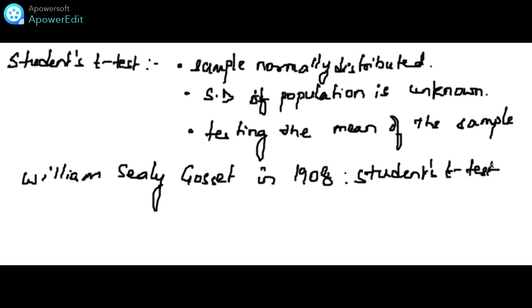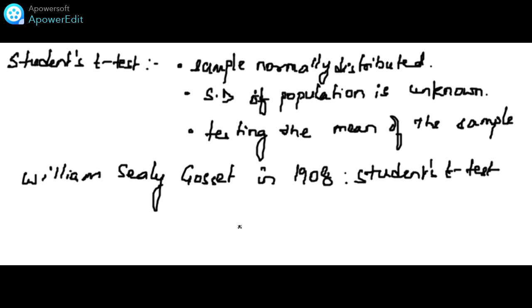He worked at the Guinness Brewery in Dublin, and he came across small sample sizes during his job, where it was impossible to use the procedures which employ big samples.